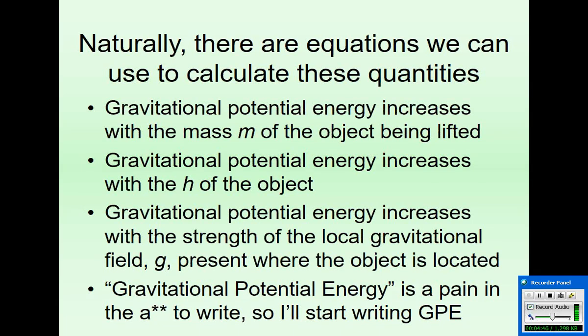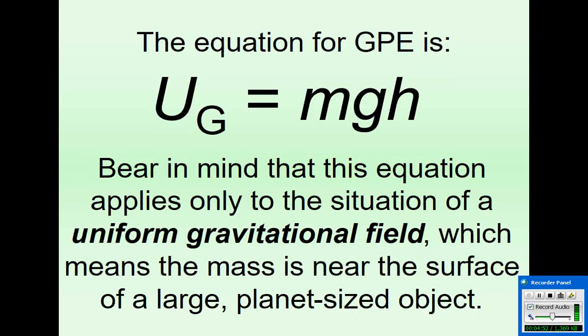Gravitational potential energy is just abbreviated as GPE in many circumstances, and it will sometimes be denoted with a capital U. Potential energy in general is often denoted with a capital U, followed by a subscript to indicate the kind of potential energy in question. So obviously a capital G means that we're talking about gravitational potential energy.